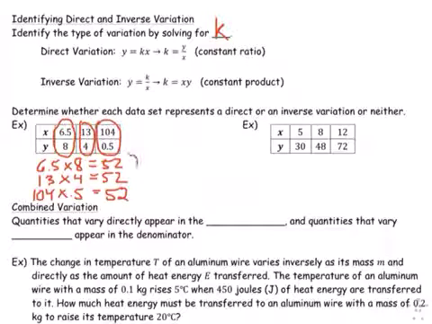And since each of these resulted in the same constant product, where the x and y values multiplied to 52, where that's the k value from up above, I could then say with a constant product I have inverse variation.